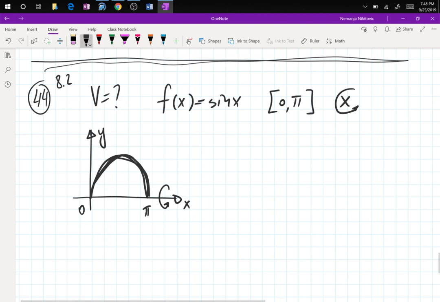So what is my method of choice? Disk or shell? Disk, because I can do dx. Can I do dy? No, because dy folds on the same function, right? Both ends touch the same function if I do dy. Make sense? Of course, math.